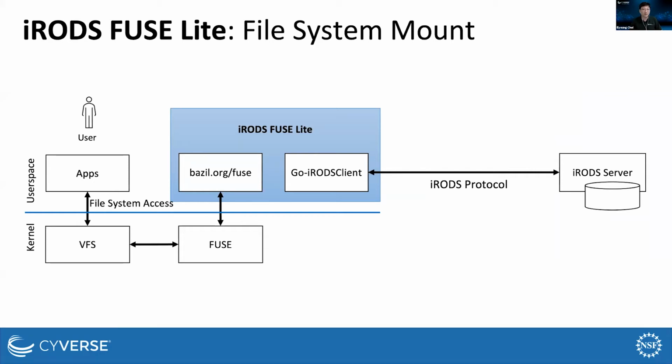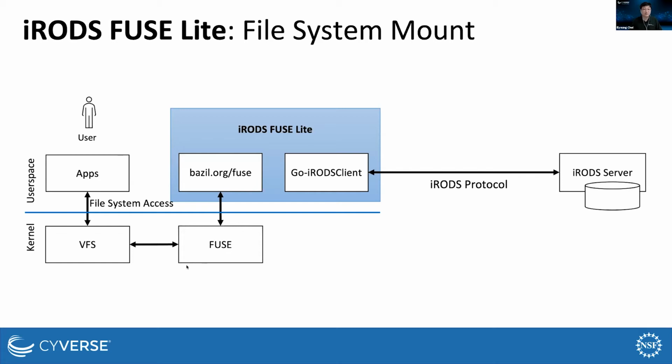iRODSFUSE Lite mounts iRODS data in the file system. This is possible via the FUSE interface. FUSE runs at the kernel level and communicates with the Linux virtual file system.